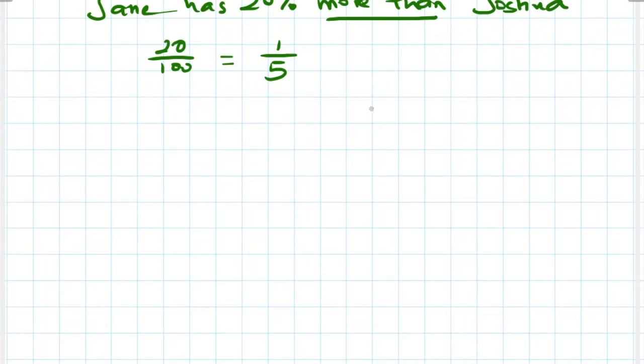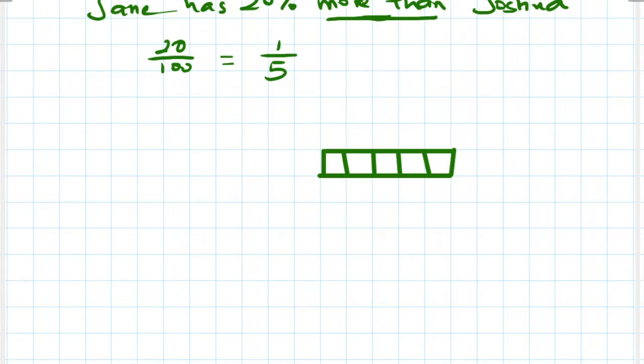So Joshua is 5 cubes: 1, 2, 3, 4, 5. Then Jane is 1 cube more than.